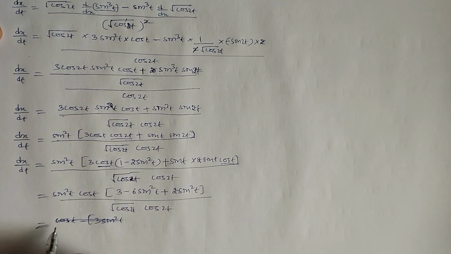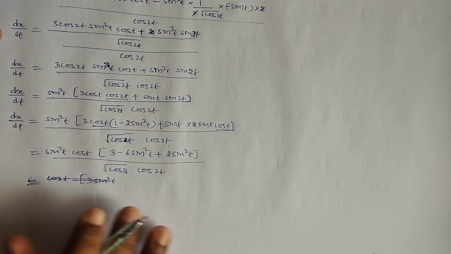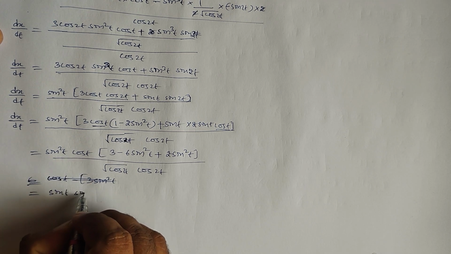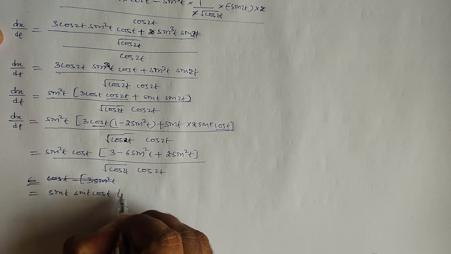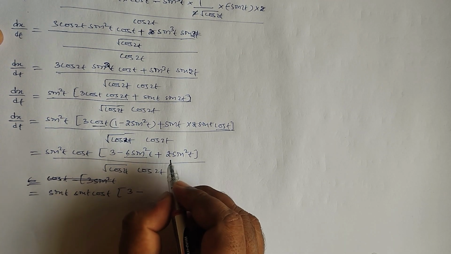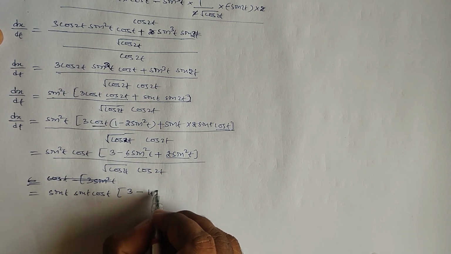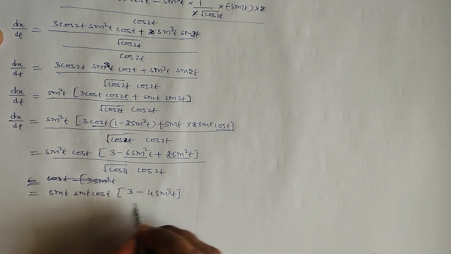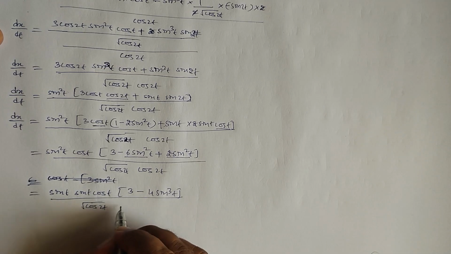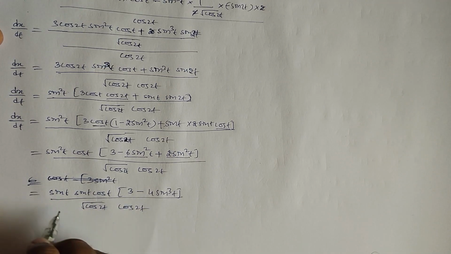Okay, we must simplify. Sin square t is there into cos t, that is equal to 3 minus 6 plus 2, which becomes minus 4 sin cube t, divided by root cos 2t into cos 2t. Now inside only sin t, that becomes sin t into cos t.